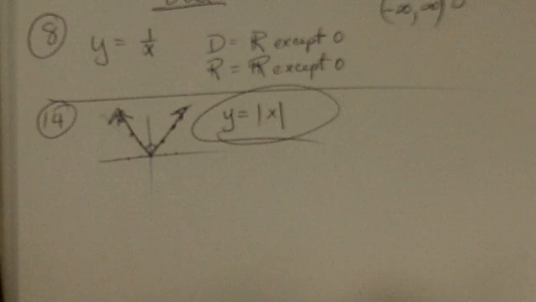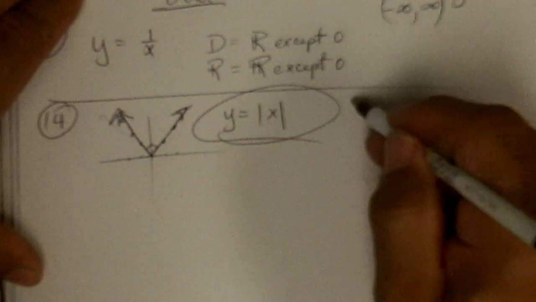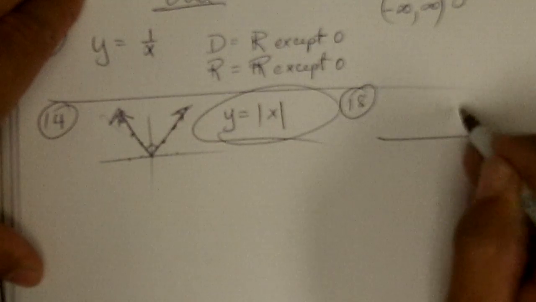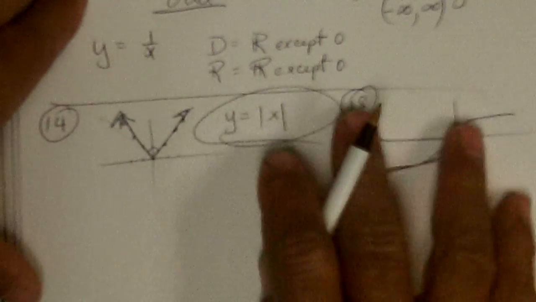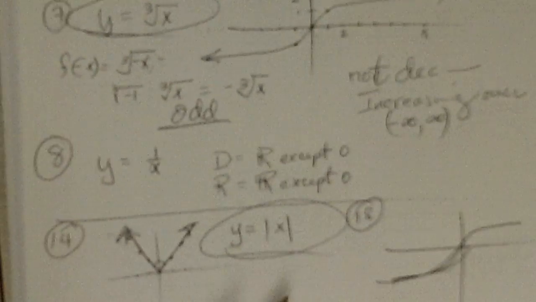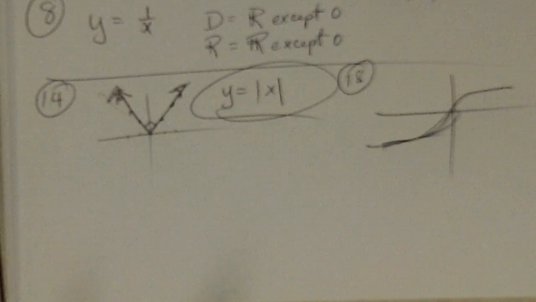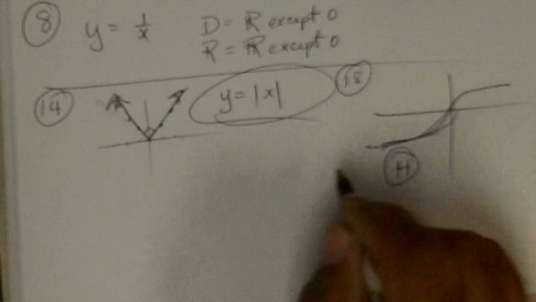Okay, and let's see. 18 is also in this, and it says which one looks like this. Well, we just talked about that in number 7. It's the cube root of x function, which is h, so the answer to this one is h.